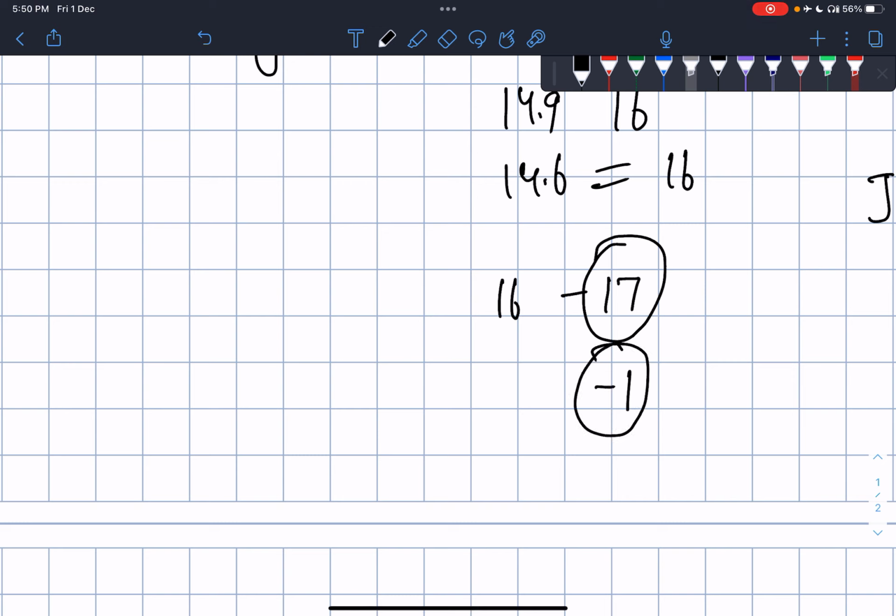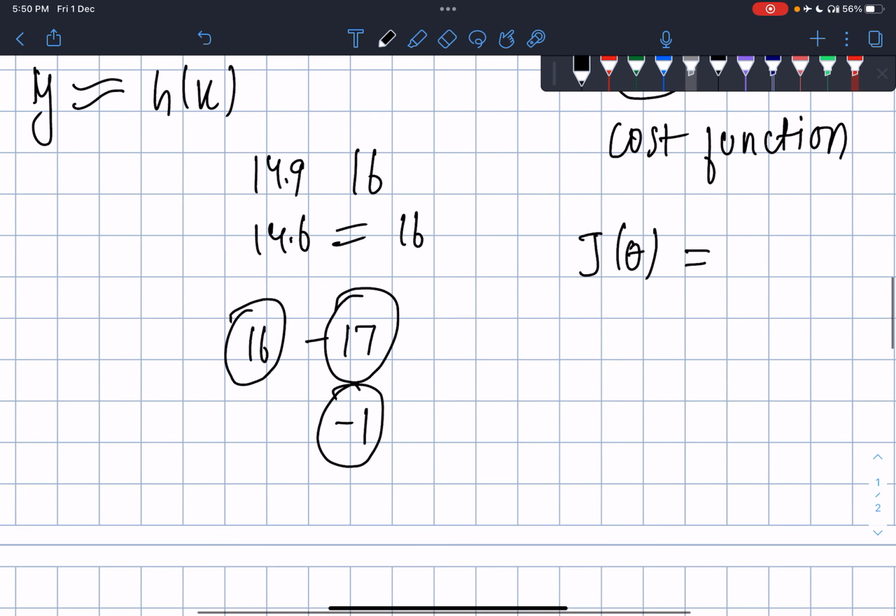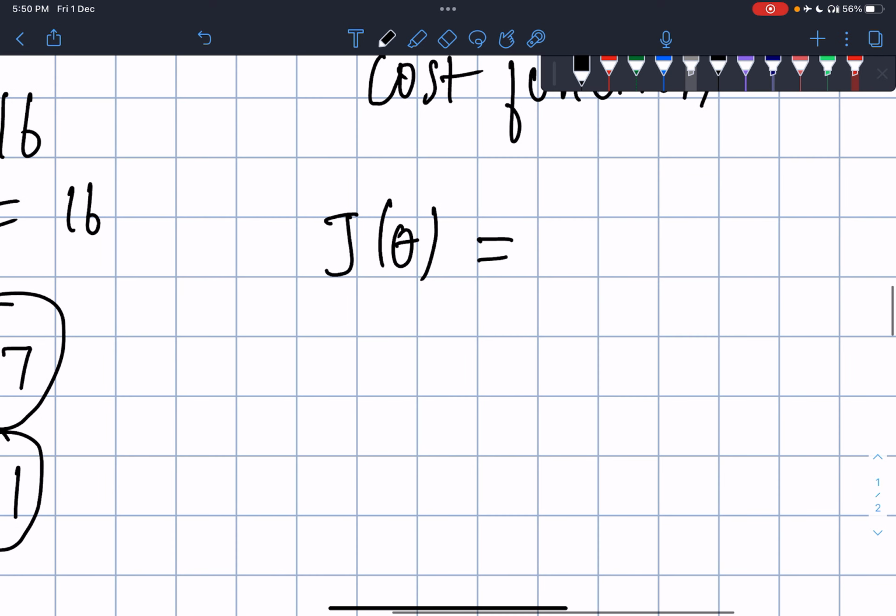We guessed 17 and the original value is 16, so we are above by 1, so we have to subtract 1 to maintain what the actual value needs to be.